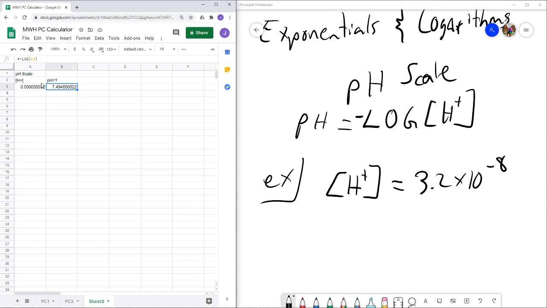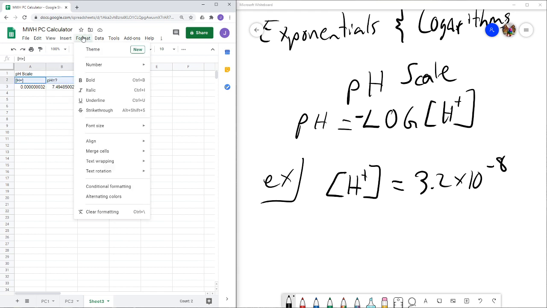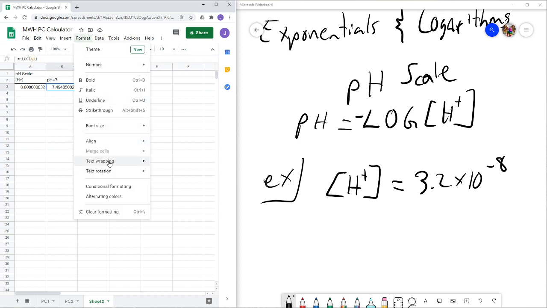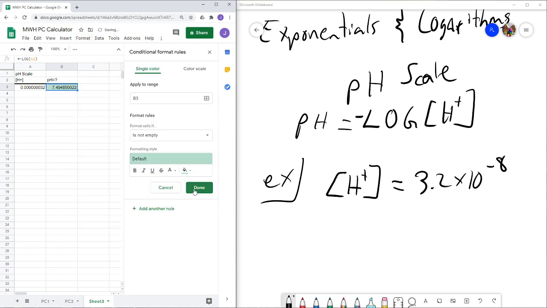Alright, let's go ahead and do some formatting now. We'll do a nice little border here. And then I'm going to do conditional formatting on this, so we know that this is our answer.